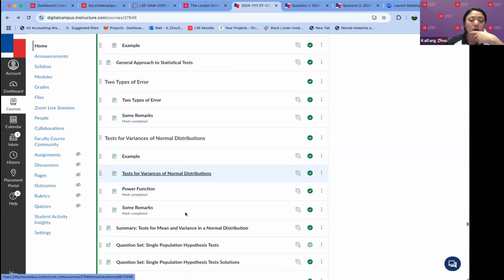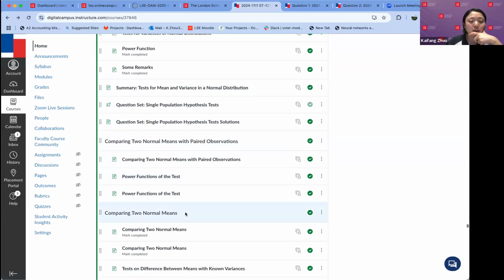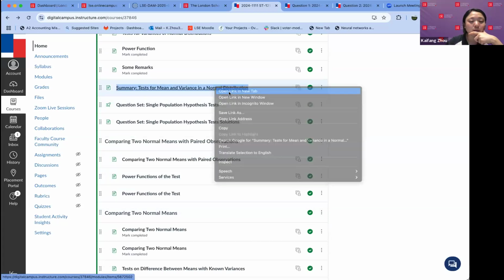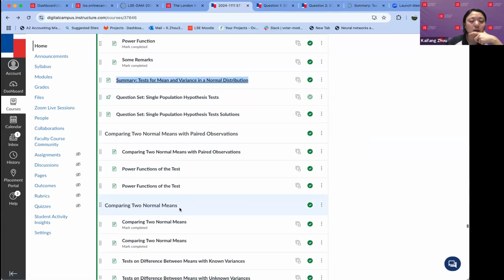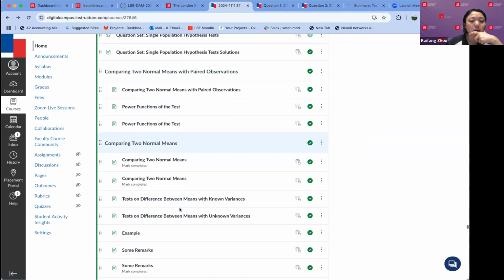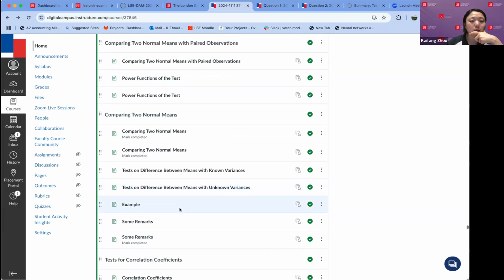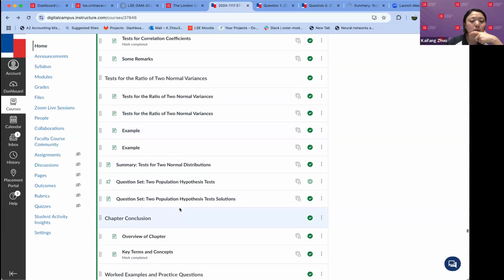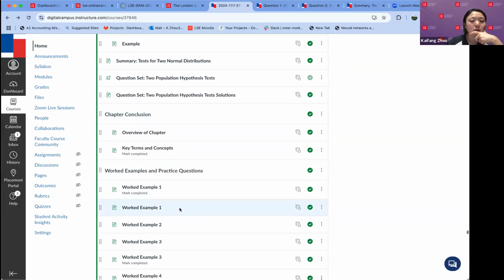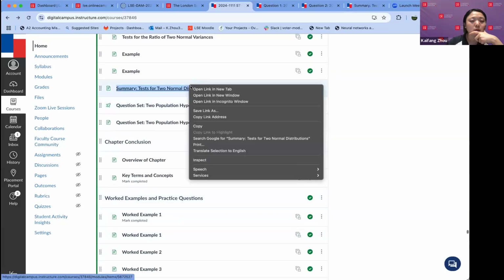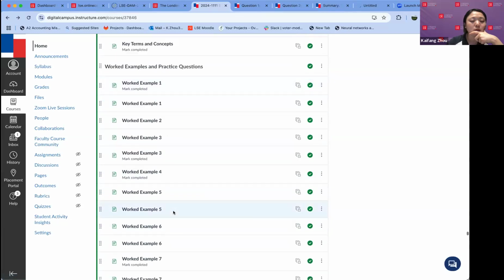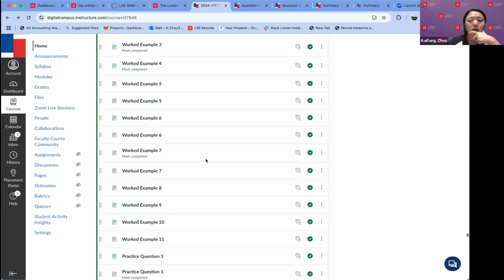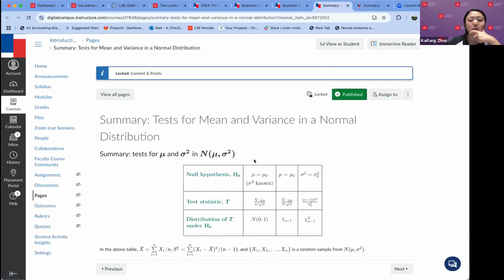And then there's one table I mentioned earlier. Basically, we summarize everything like this. Let me open up all the tables and explain to you. Okay, so these are the tables I'm talking about.